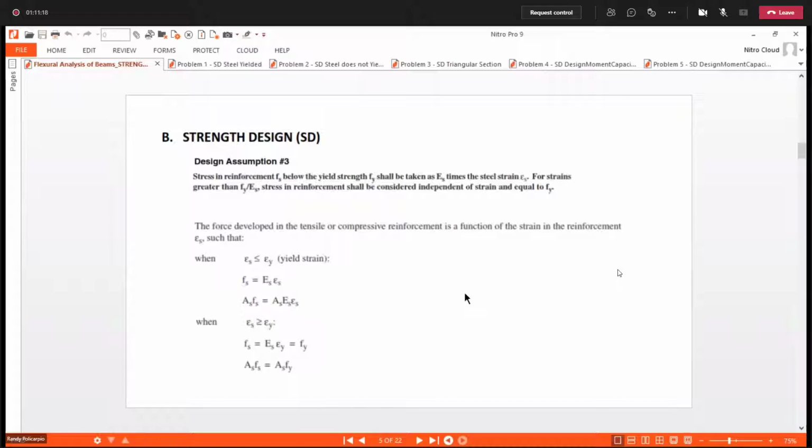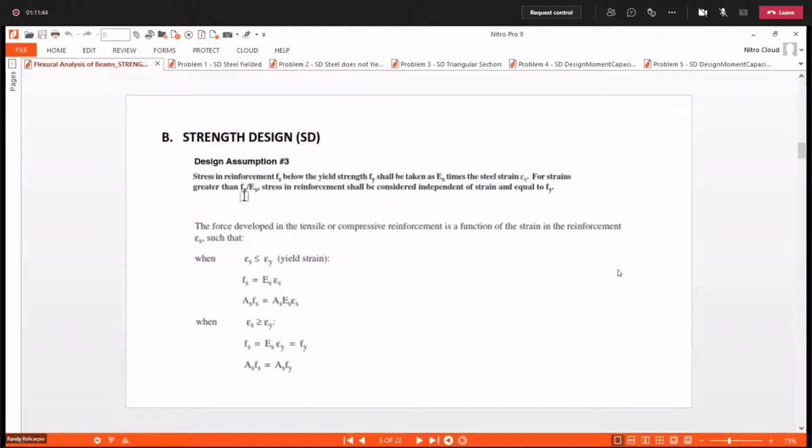So when we solve for the strain, it is equal to stress over E, where E is known as the modulus of elasticity. Fy over Es is the yield strain of our reinforcement.